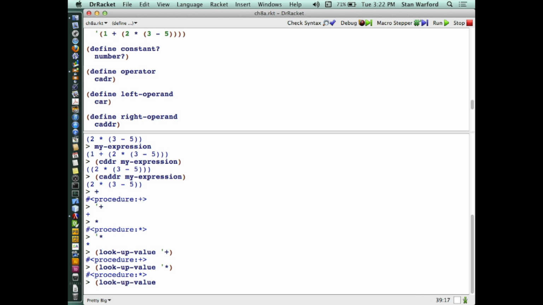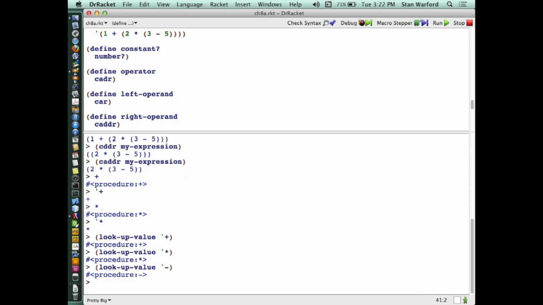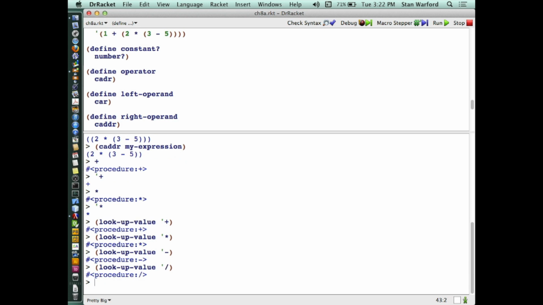So if we give it the name, a single quote hyphen, it's going to return the minus procedure, and we can also do it for divides. Are you with me? And it's going to return the divides procedure. Now, check this out. Suppose we define, and this works in general, suppose we define my symbol.